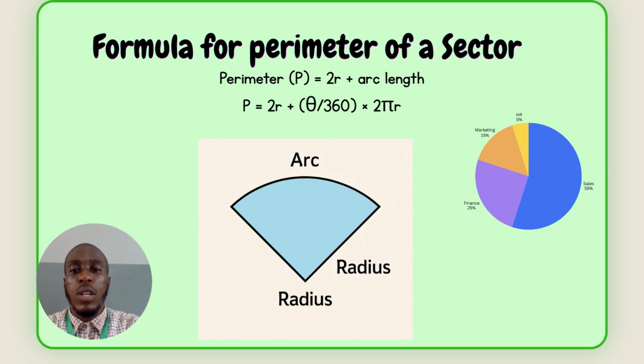So the major objective here is to carry it in the head that your formula for the perimeter of a sector is 2r plus theta over 360 times 2 pi r. And now for the next slide, we'll be using this formula to calculate an example.